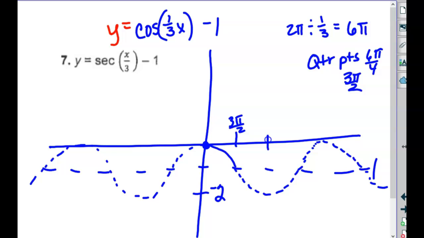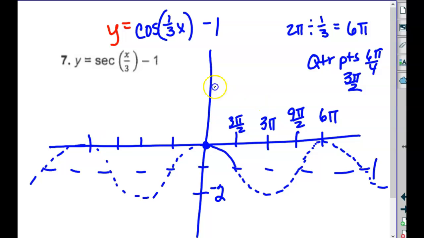Another 3 pi over 2 would be 6 pi over 2, which would be 3 pi. The next one would be 9 pi over 2. And then 6 pi is where it finished here. Go in the other direction. We have the same numbers, but negative.